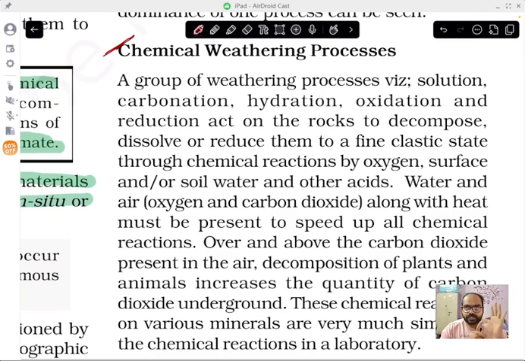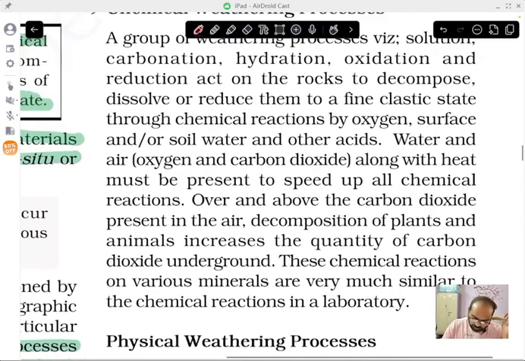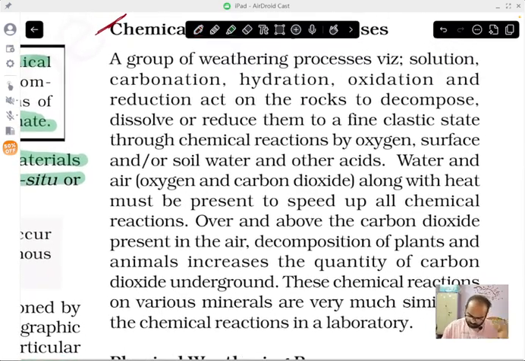These are different types of chemical processes, and the operation of these chemical processes on earth materials is called chemical weathering. Water, air along with heat must be present to speed up all the chemical reactions.